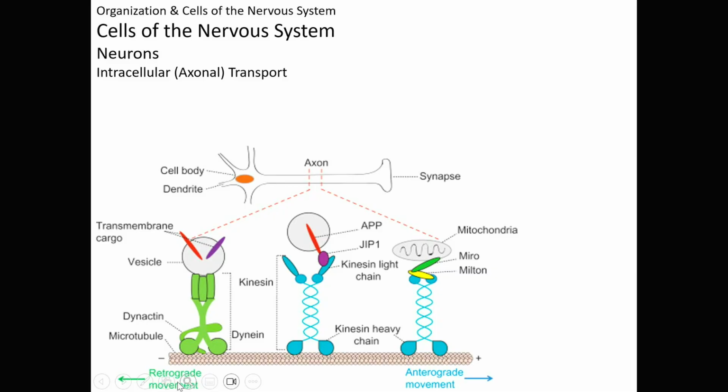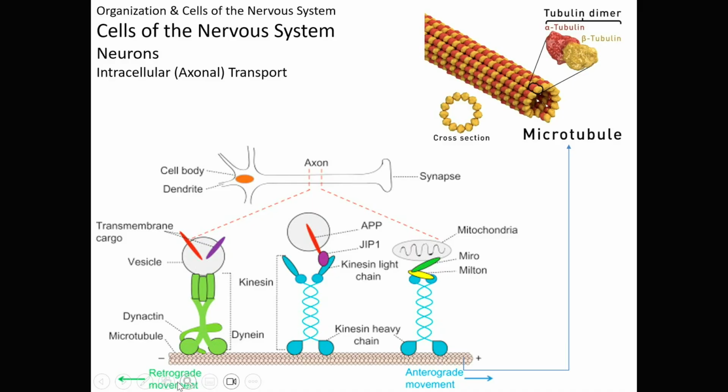Okay, just to explore this a little more, let's talk about the structure of the microtubules. Microtubules are made up of a protein called tubulin. You can see here that there are two isoforms of tubulin: alpha tubulin and beta tubulin.